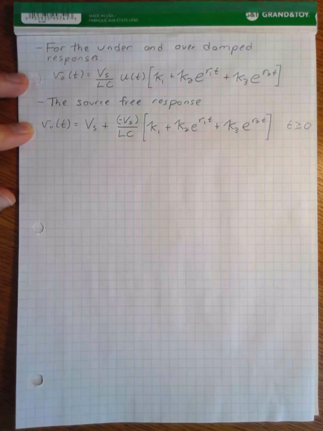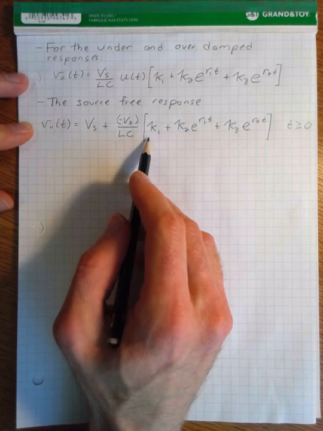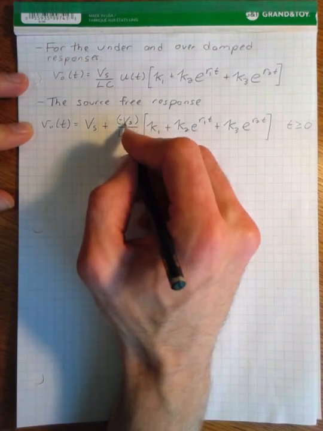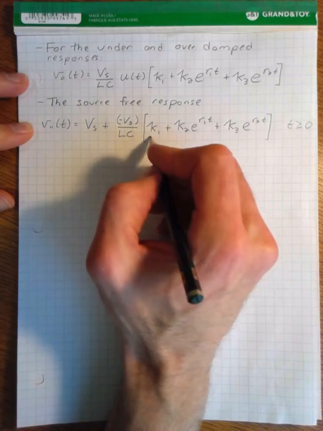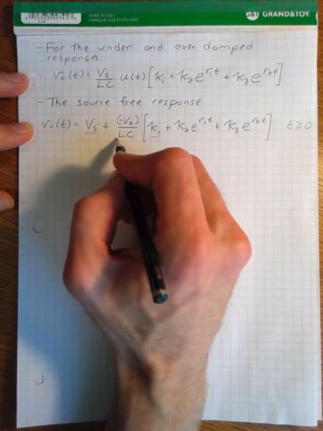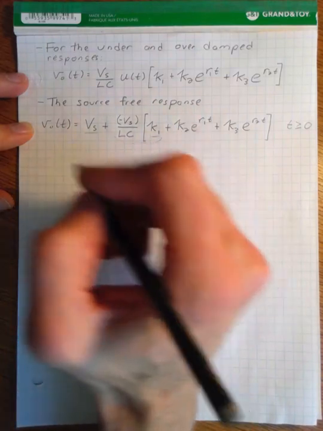It's a little bit of a pain, and I won't bother doing it here, but you can show that the minus Vs over LC times K1 is just equal to Vs. So this offset and the first term here are going to cancel out.